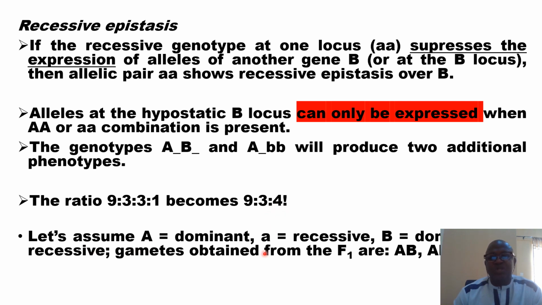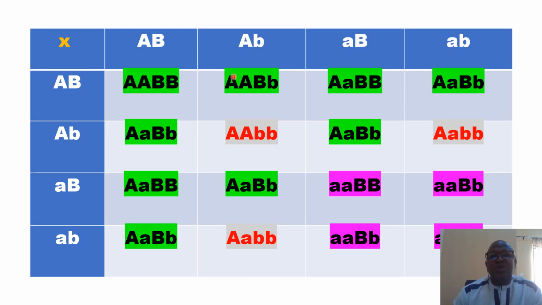So we are going to take an example again from the previous examples, in terms of the dominant and recessive alleles. When a cross like that happens, because of the recessive epistasis, we have 1, 2, 3, 4, 5, 6, 7, 8, 9 will produce. Then we have this, and then we have this represented.